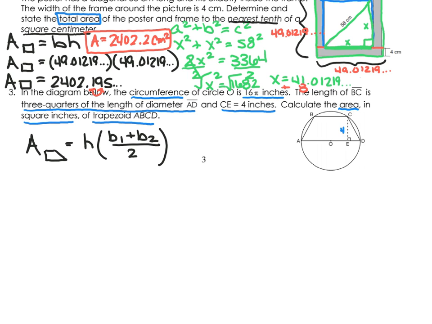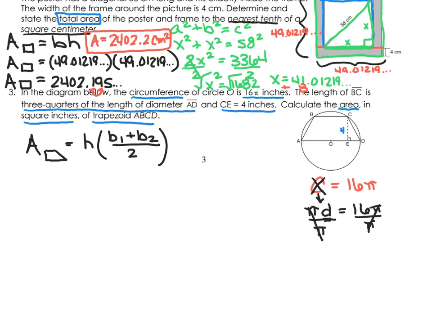Okay, so we're going to go back to that one first piece of information they told us. They told us that the circumference of this circle is equal to 16 pi. If we go to our formula sheet, they tell us that circumference is equal to pi d. So if we replace that c, which stands for circumference, with the formula, which is pi d, we get this. Okay. If we want to solve for this d to know the diameter, all we have to do is divide by pi on both sides.